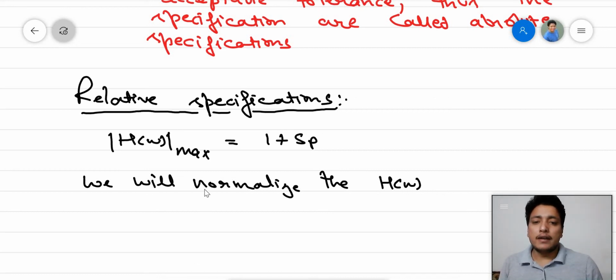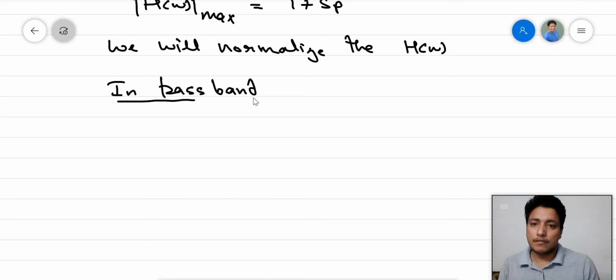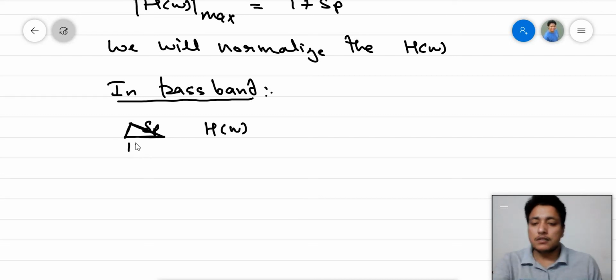If we do that, in the pass band H of omega will have a value from 1 minus delta p over 1 plus delta p to 1.